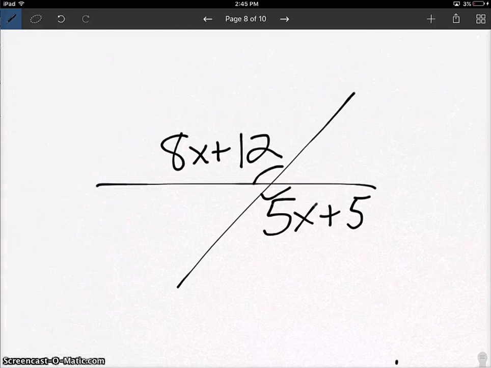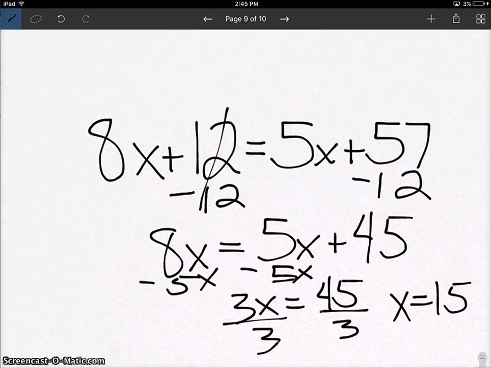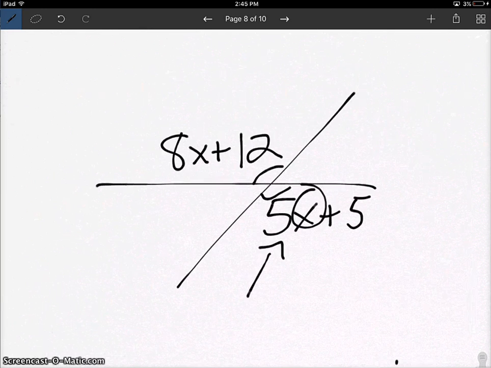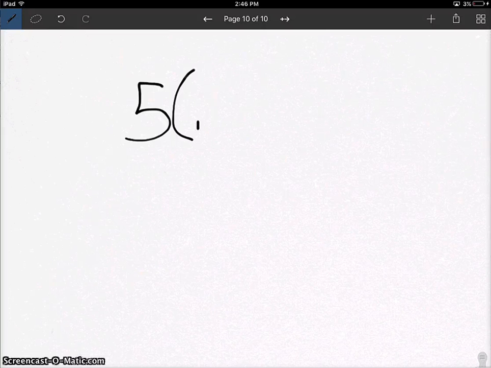Now going back to my original equation, they're asking about this angle. What does it measure? They don't want an equation, they want a number. So since I know what x equals now, I can go ahead and finish this problem. It's 5x plus 57. So everywhere I see that, I'm going to put in a 15.